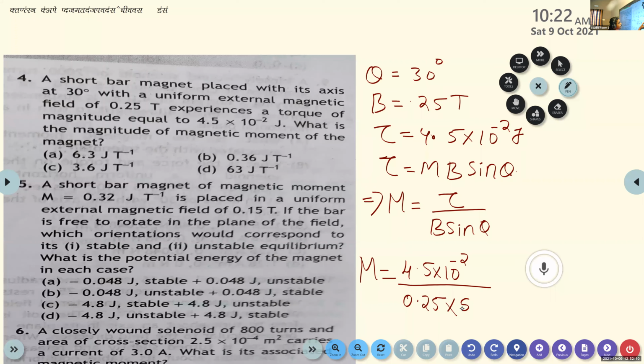Sine theta is sine 30, and sine 30 is equal to 1 by 2, or 0.5.